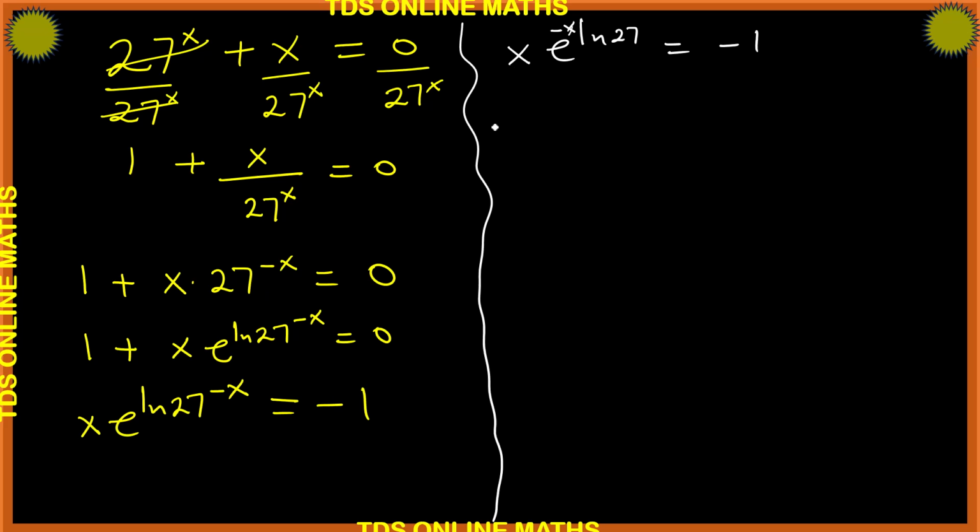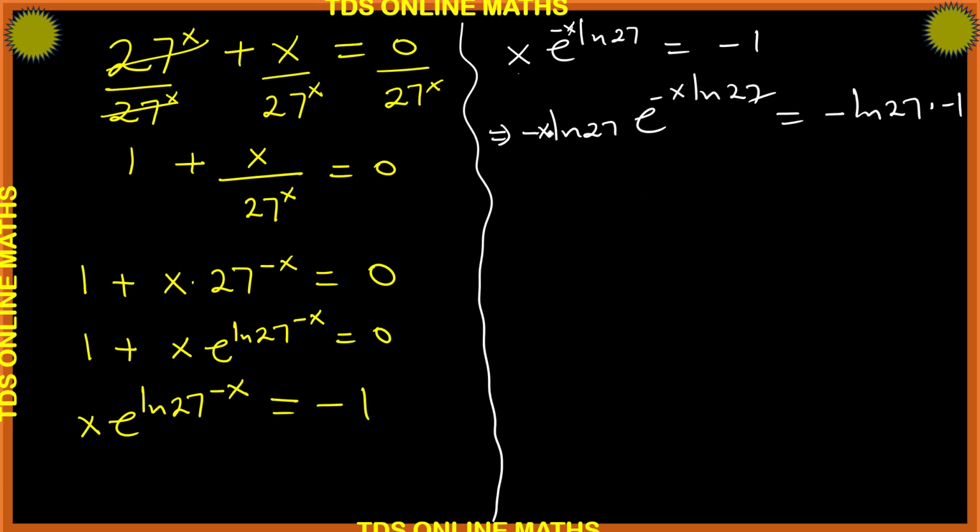If I go ahead and multiply both sides by negative ln of 27, so times x here, I'll put the x here, e to the minus x, and I'll do the same here, negative ln of 27 times -1.